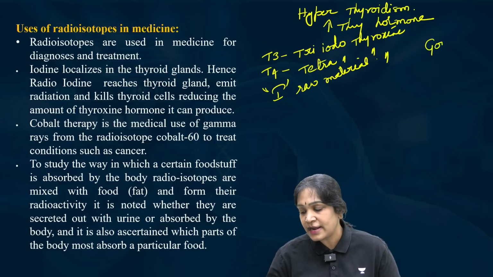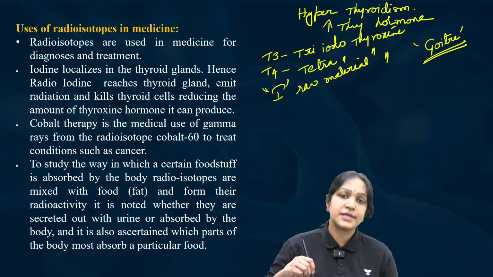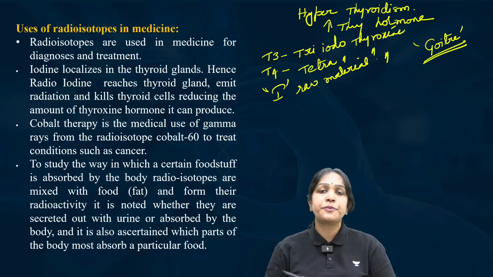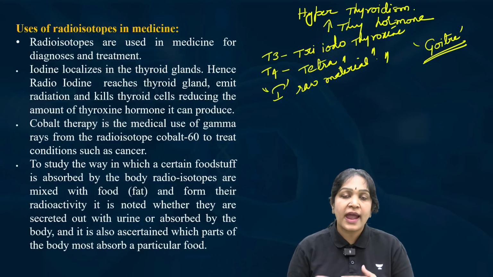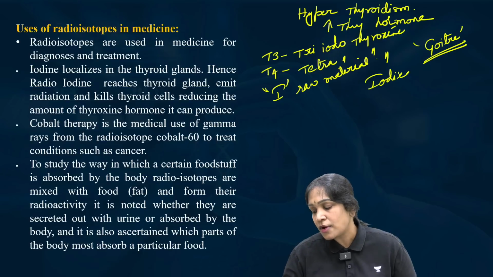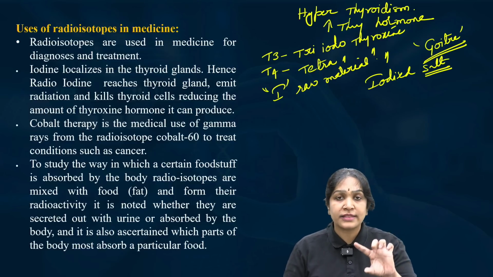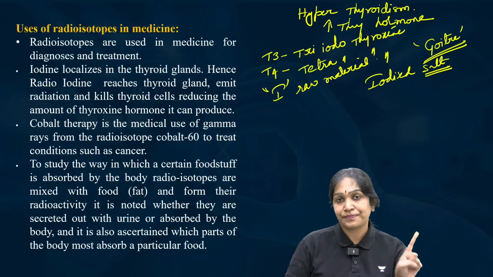To solve this problem, we have taken a step of adding iodine to the salt, iodized salt. So, when you take iodine in the salt, the iodine will go into thyroid gland.